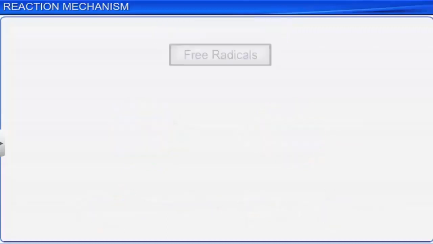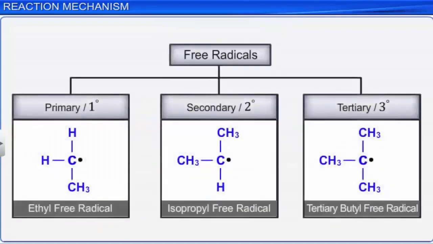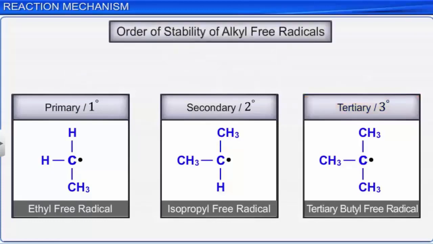Depending on the number of alkyl groups directly attached to the carbon free radical, alkyl free radicals are classified as primary, secondary, and tertiary. Greater is the number of alkyl groups, greater is the stability.